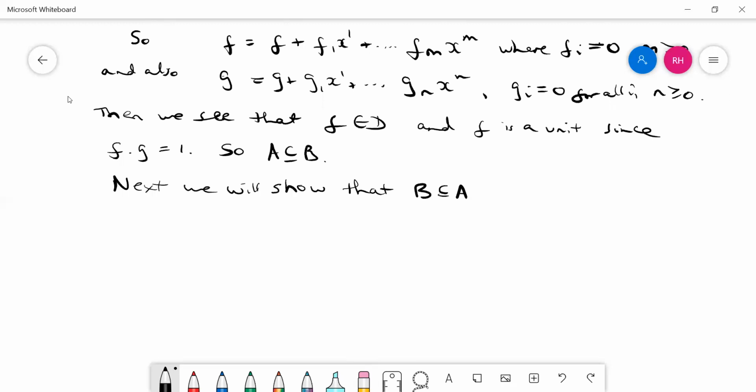How are we going to do this? This is just the normal first line. Suppose Fx is an element of B.